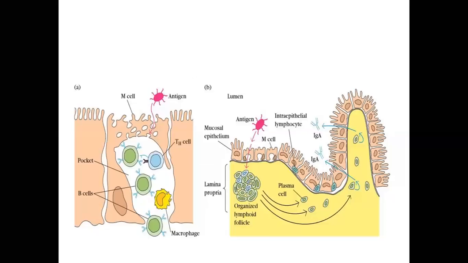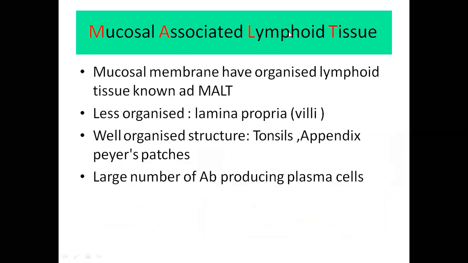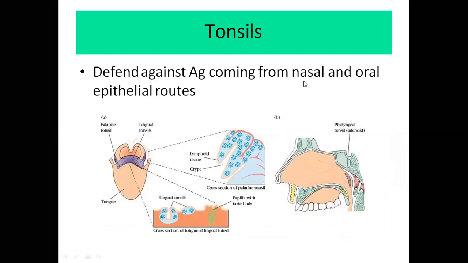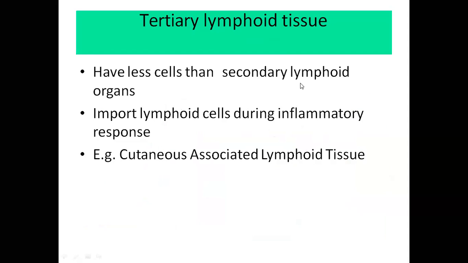So this is gut associated. The first example of mucus associated lymphoid tissue we took is the tonsil. Secondly, we saw gut associated lymphoid tissue. Then this is the tertiary lymphoid tissue.